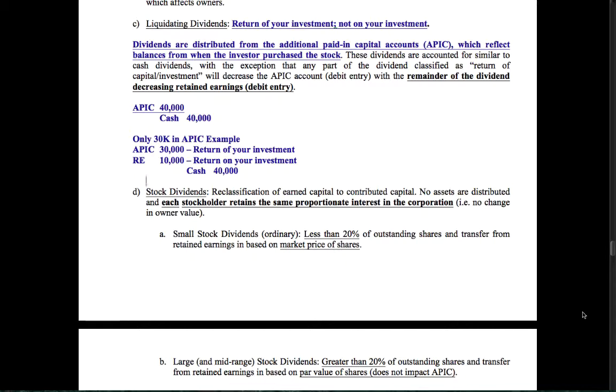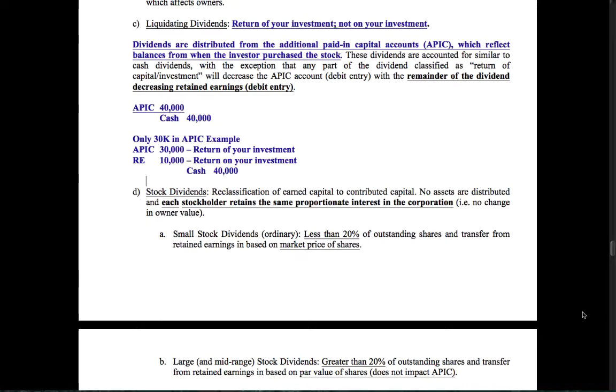Okay, first, a brief recap of what stock dividends are. They are essentially the reclassification of earned capital to contributed capital. As we discussed in the first lecture for chapter 15, our total stockholders' equity is made up of contributed capital and earned capital, where earned capital is retained earnings, and contributed capital is made up of our common stock, our preferred stock, and our additional paid-in capital accounts.